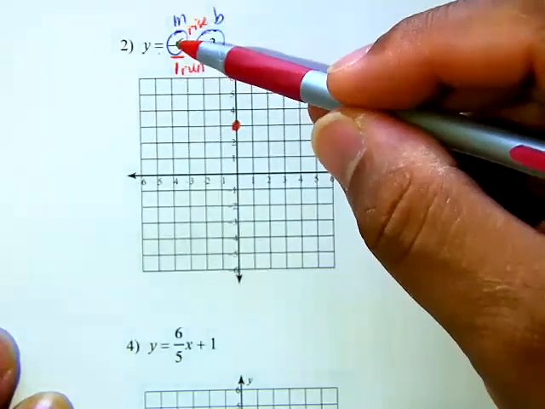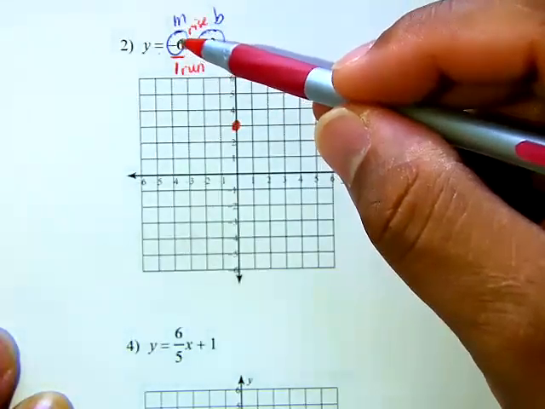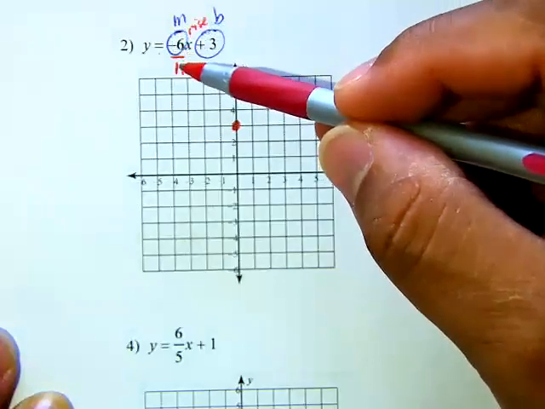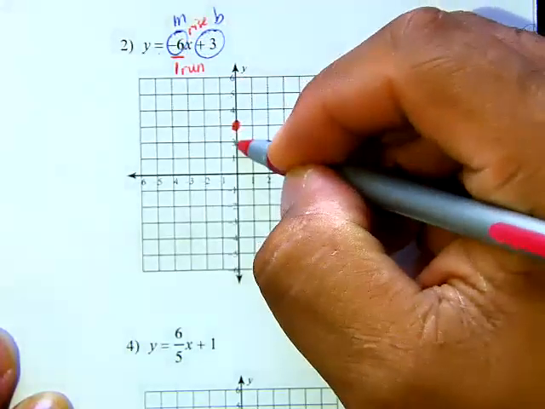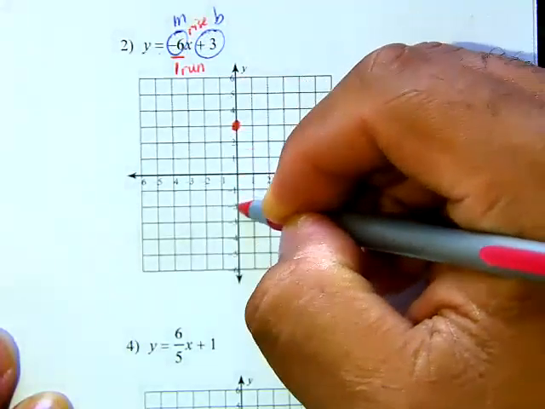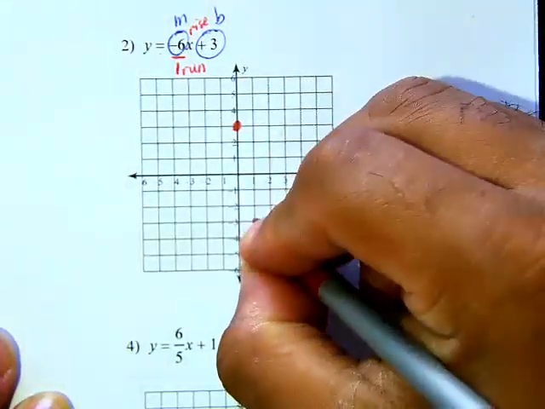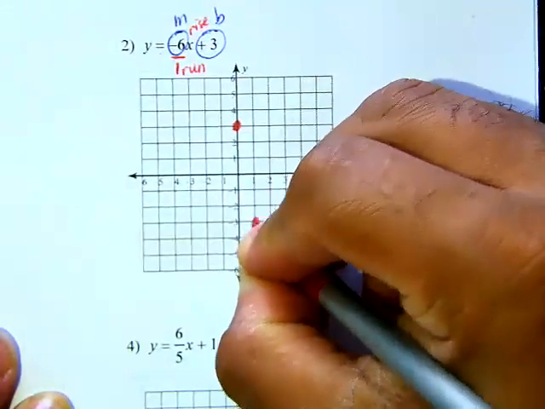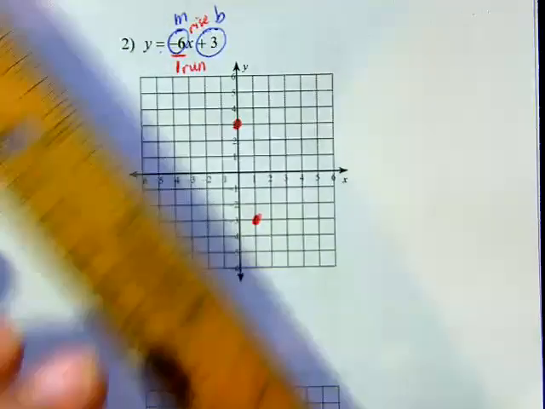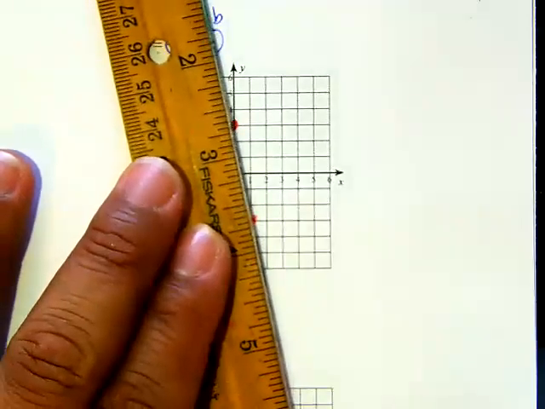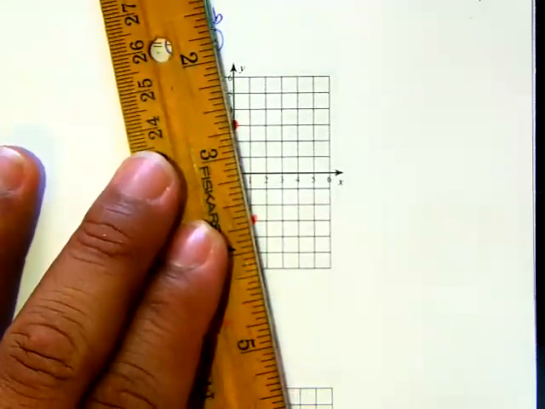Now, since it's negative, my slope is going to fall 6, and you always run to the right, though. You fall 6, run 1. 1, 2, 3, 4, 5, 6, run 1, plot the other point, and that's all I need in order to graph my line.